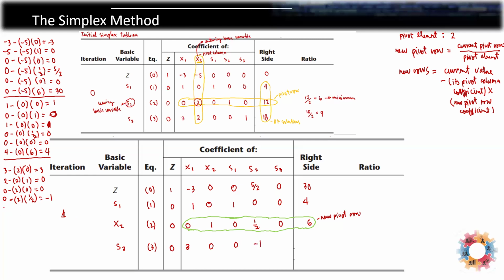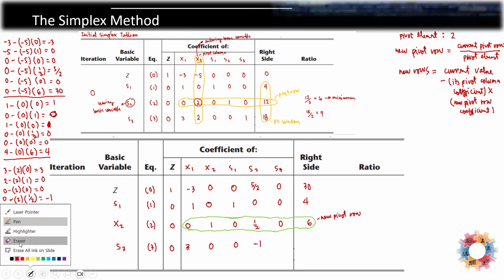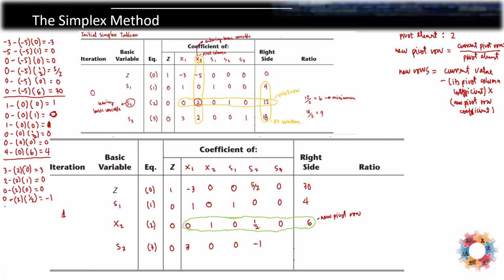And then, no, 1. The next value there is 1. 1 minus 2 times the corresponding new pivot row coefficient, which is 0.